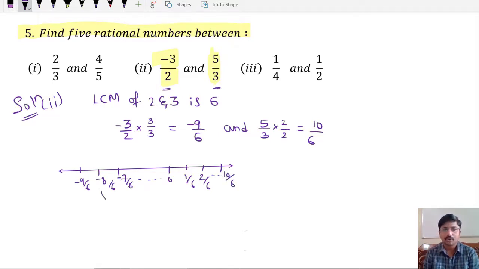Among these only we have to write 5 rational numbers.